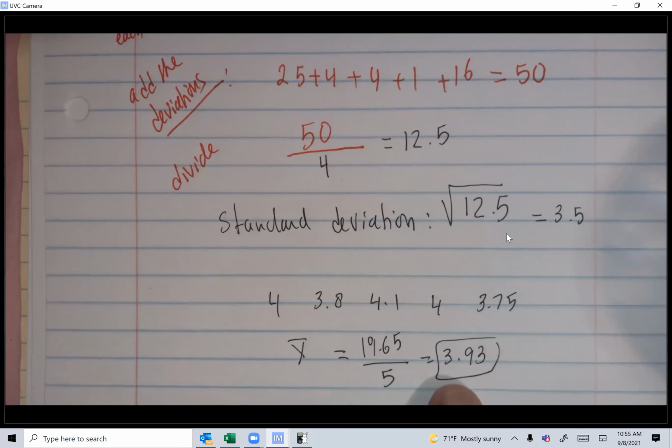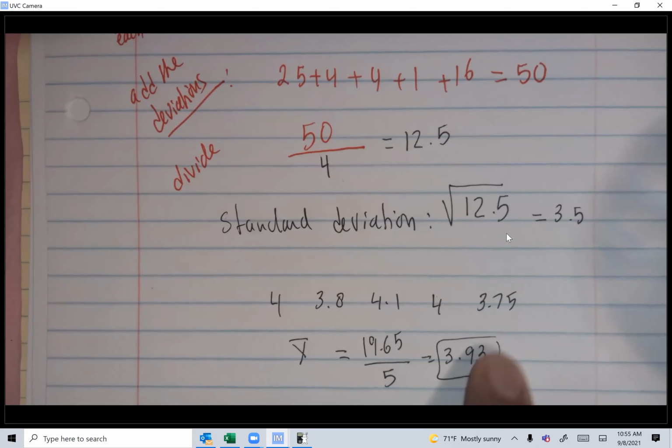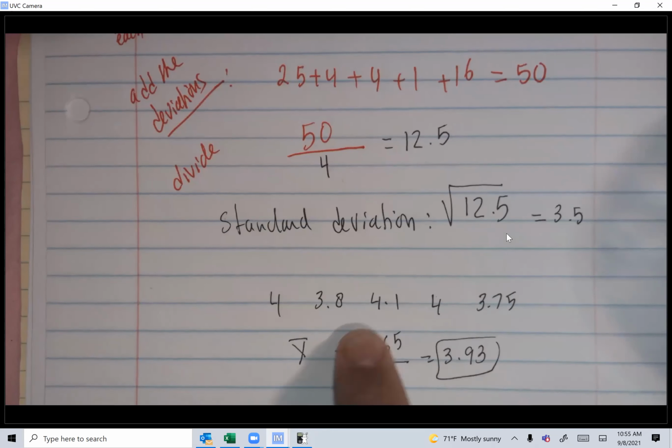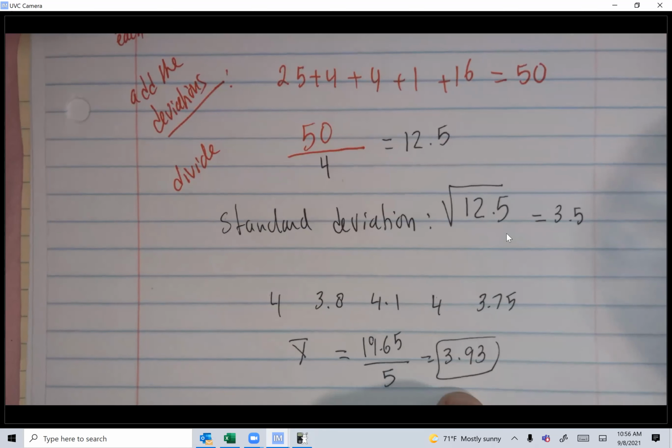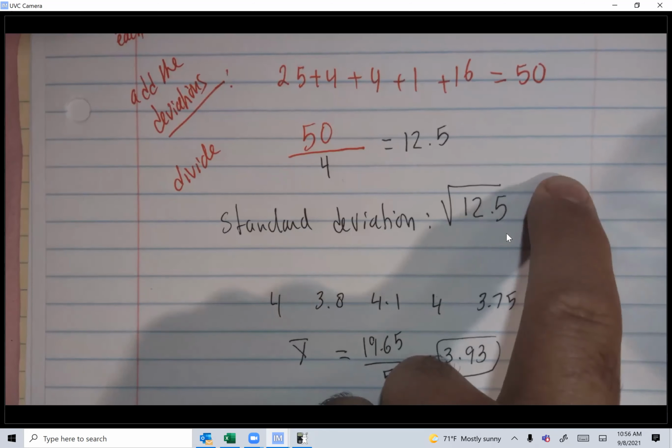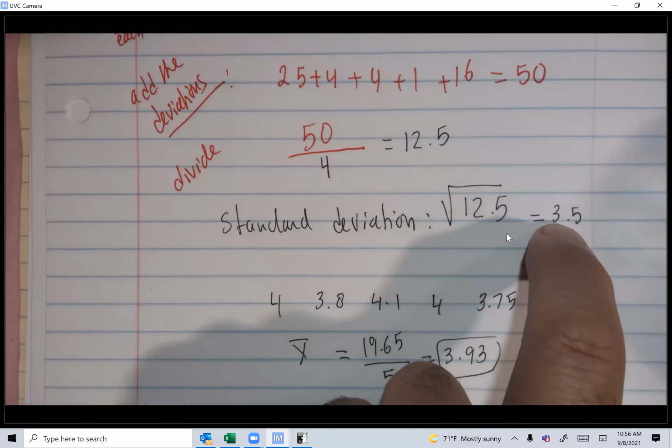Would you guys agree with me that those values are very close to 3.93? That means the standard deviation has to be low here because they are consistent. When the values are close to the mean, that means the standard deviation is low because it's a measure of consistency. I can assure you guys, 1,000,000% that's not going to be 3.5.